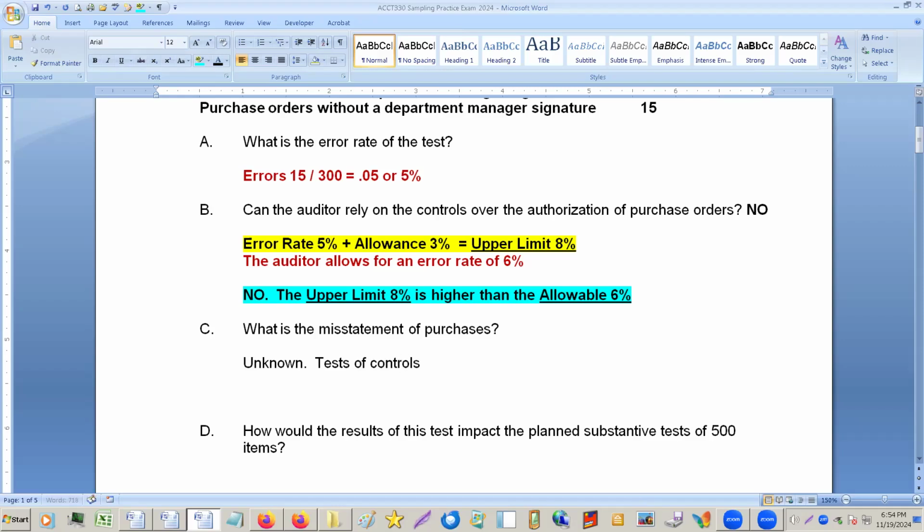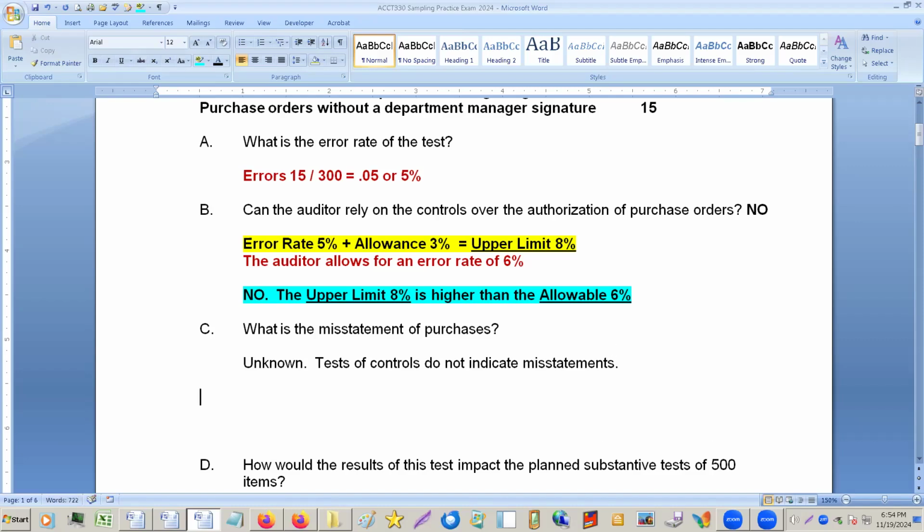List of controls do not indicate misstatements. Only substantive tests. This would be like classical sampling.